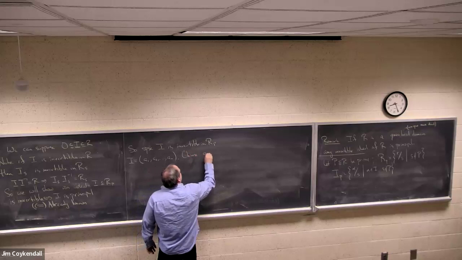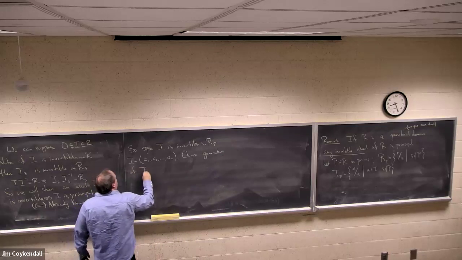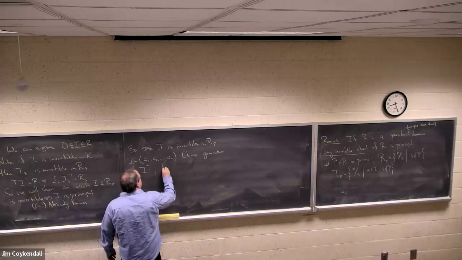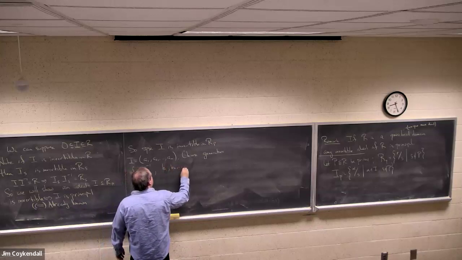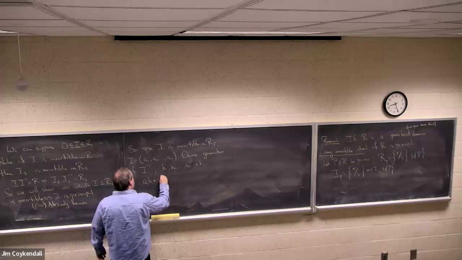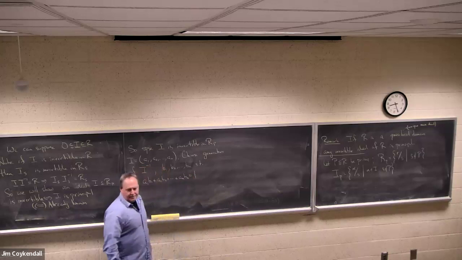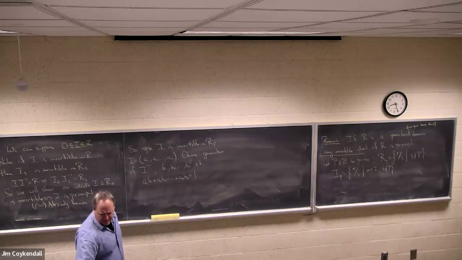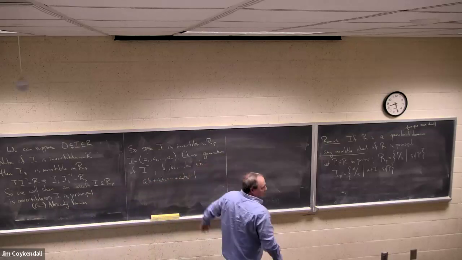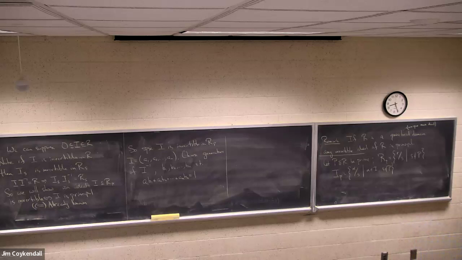Choose generators B1, B2, through Bn of I inverse, and you can clearly do this by the proof if you look back at the previous result, such that A1B1 plus A2B2 plus up to AnBn is equal to 1. All of this comes from the previous results. We've got a finite number of generators, and we can choose the generators of the inverse so that that happens.